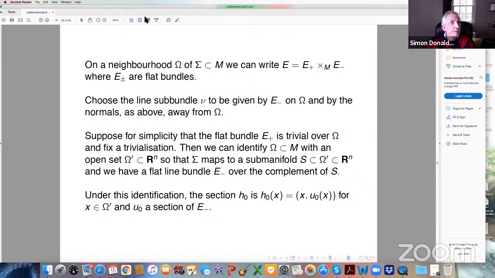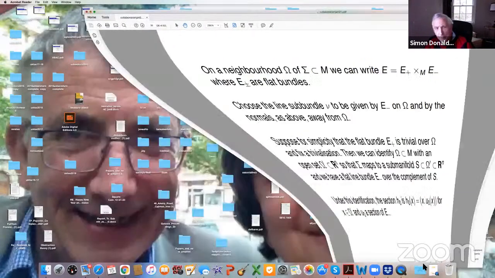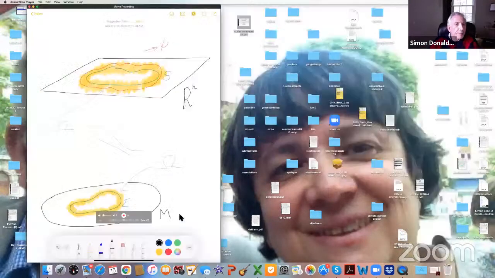So this is a picture to explain this. It's a bit confusing. Remember we said that sigma itself inside M is not really an intrinsic geometric thing. The diffeomorphisms of M act, and we could map sigma to any other nearby submanifold. But in this setting, the submanifold S in Rn is really an intrinsic geometric object.